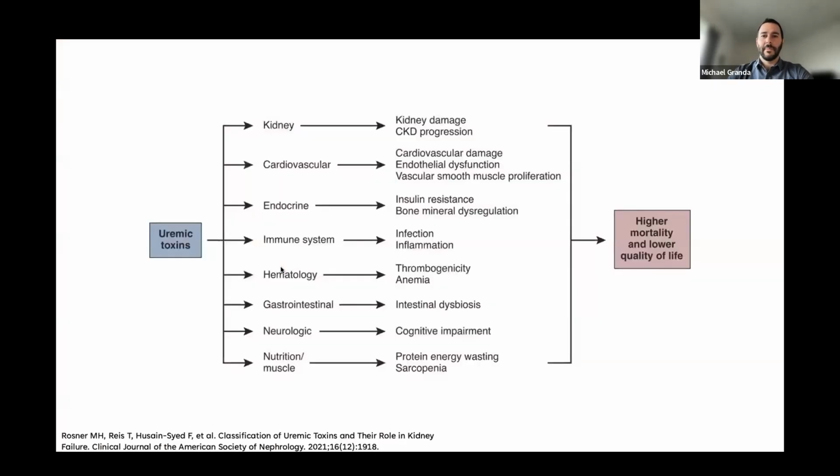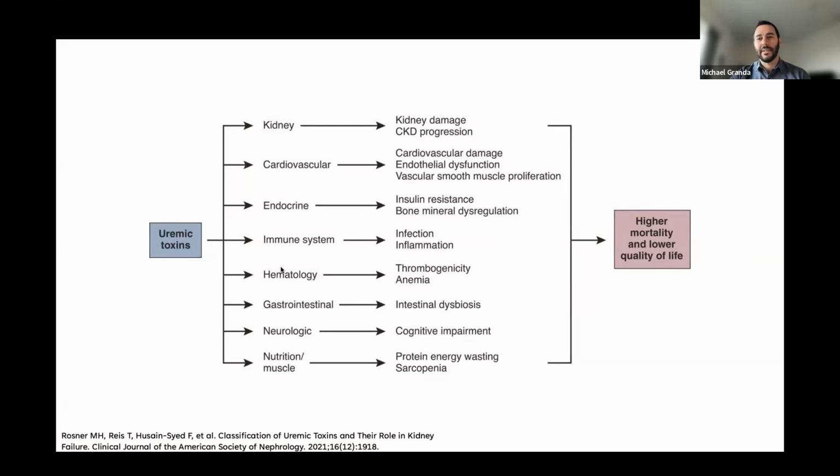And so uremic toxins have been linked to dysfunction in basically every organ system. Experimentally, it's been shown that high levels of uremic toxins can worsen kidney disease itself. A lot of the increased risk for cardiovascular disease and CKD is mediated through uremic toxins.